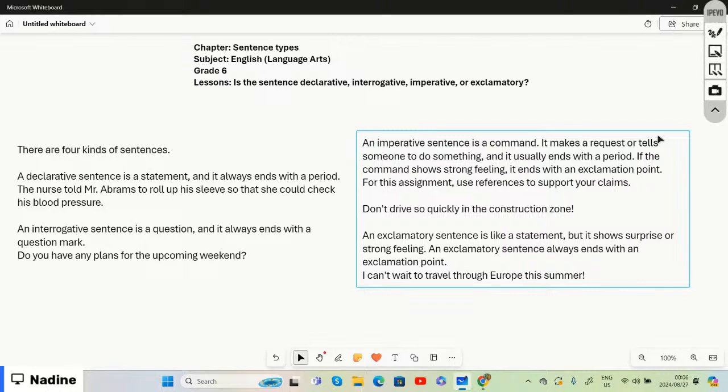That is going to be our lessons for today. Is the sentence declarative? Is it imperative? Or exclamatory?